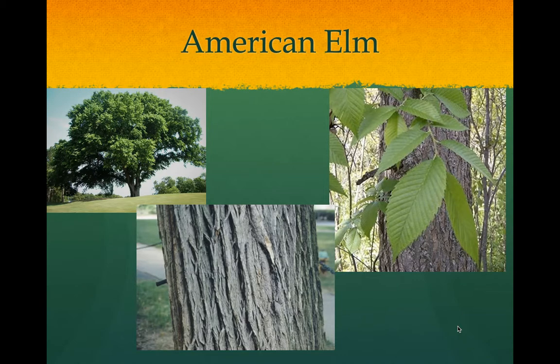For me, the biggest descriptor on the American elm is going to be both the leaves and the bark. I used to tell people when I did a lot more forestry type stuff, and there is a forestry competition for FFA, that the way I remember the elm tree as compared to some of the other ones is by the bark.